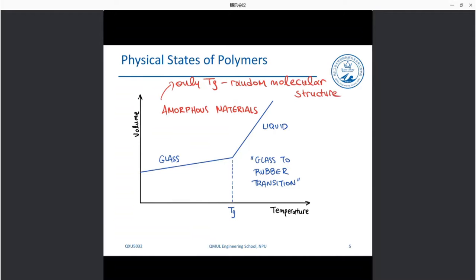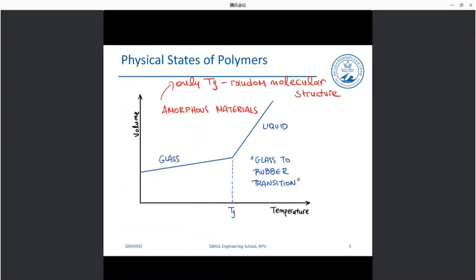We said the other day, to picture a random molecular structure, think of cables behind your television or your desktop. They are completely entangled, so there is no regularity in the structure. And because there's no regularity, these are amorphous. They have no crystallinity or tiny amounts of crystallinity, which may be random, okay?